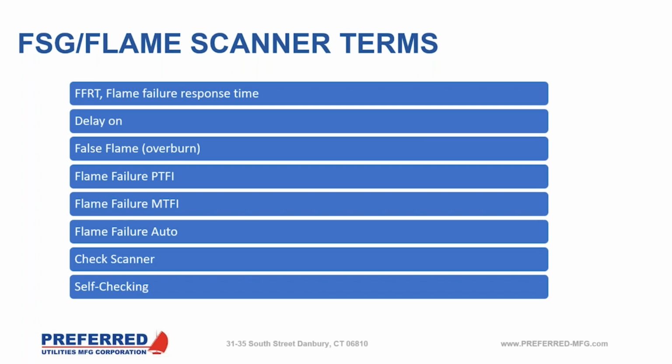What that means is basically once the flame is established and recognized by the flame safeguard through the flame scanner, if that flame disappears and there's no flame signal for that particular time, say 3 seconds, the flame safeguard will remove the power from the fuel valves and possibly go into a post purge, but definitely shut down the burner because we've had a loss of flame when there's supposed to be flame present.